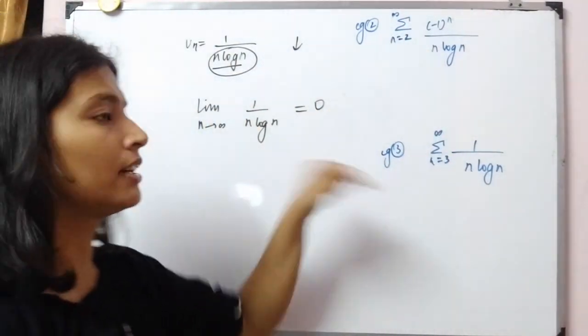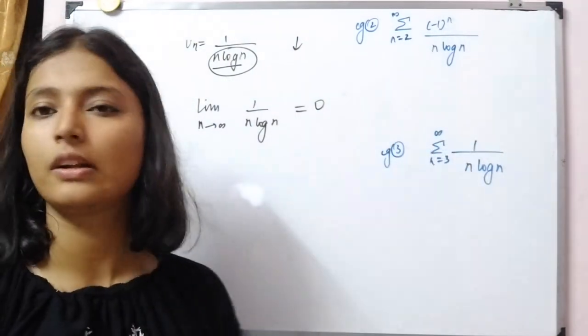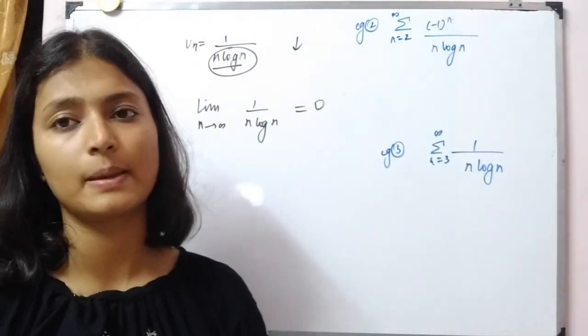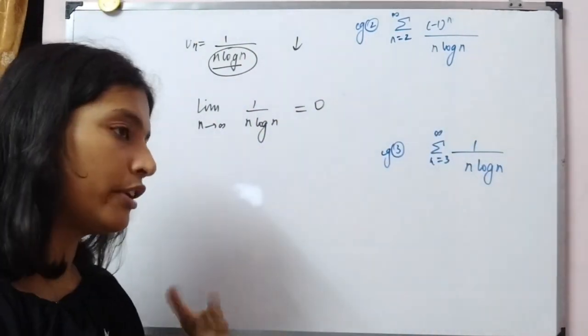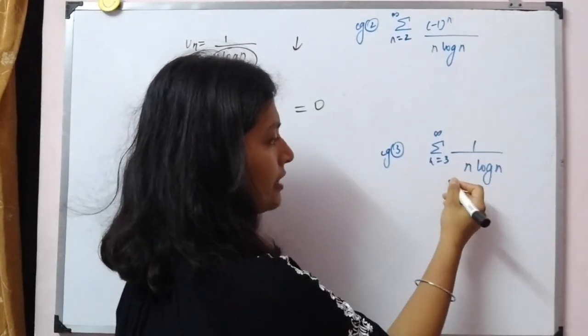Now let's move to our third example. Can you see that un is the same, but this is not an alternating series. If it's not an alternating series, we cannot use the Leibniz test. For your information, this kind of series is divergent.